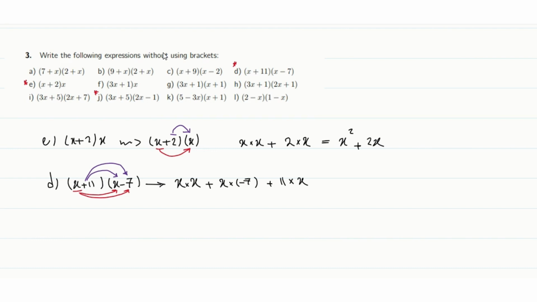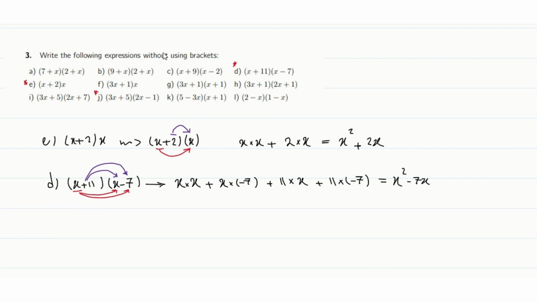Now we are multiplying it by the terms in the second bracket. So 11 times x, and we have 11 times -7, which would be the last term. So we have plus 11 times -7. And we just simplify it. X times x would be x squared. X times -7 would be -7x.